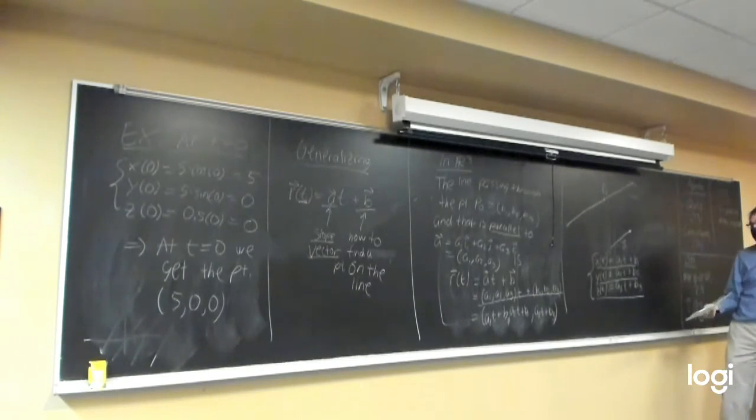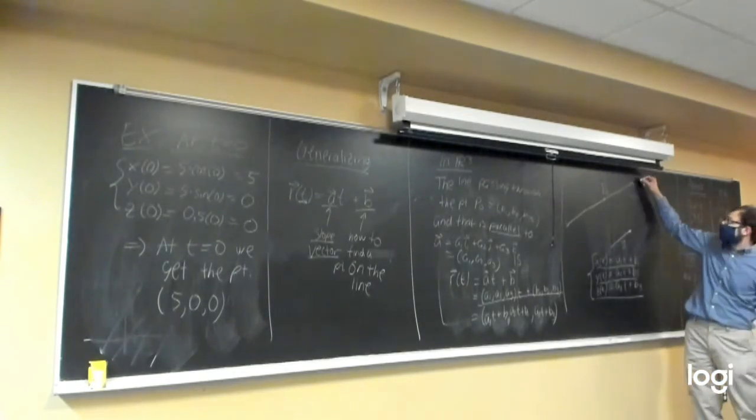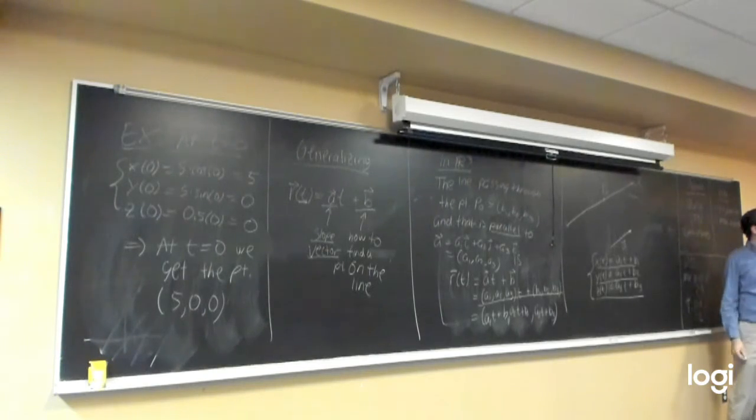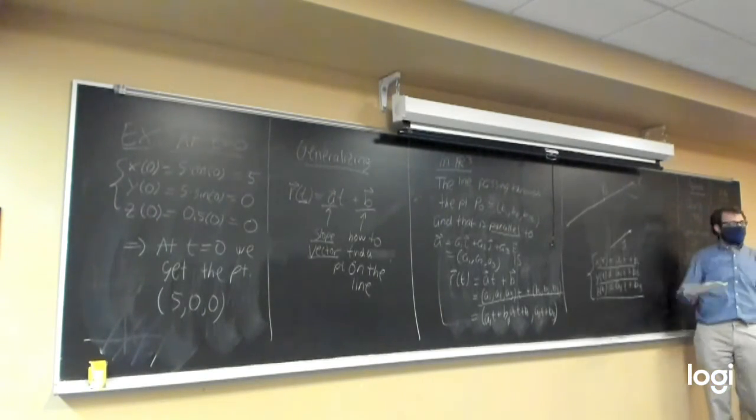So if we were to plug in t equals 2, that would tell us the x, y, and z coordinates of a point on the line, this line L that I drew right here, that passes through P0 and is going to be parallel to this vector A.